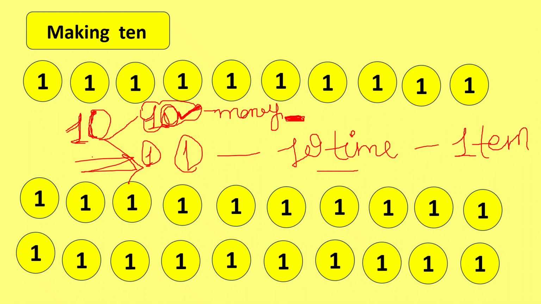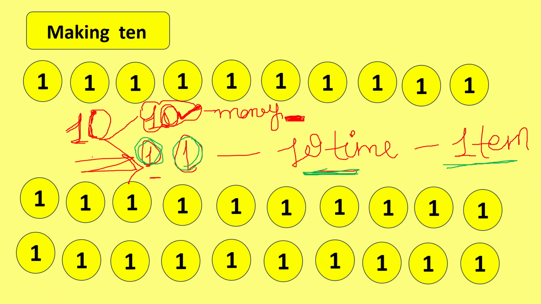We collect one rupee. I'm just changing my pen. You collect one rupee, again one rupee, bacha. How many times, bacha? It's 10 times. When you collect it 10 times, it makes 110.